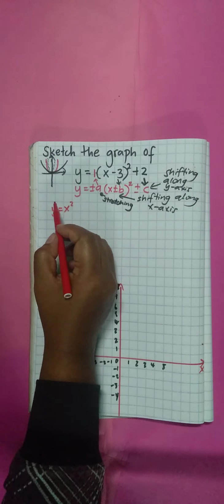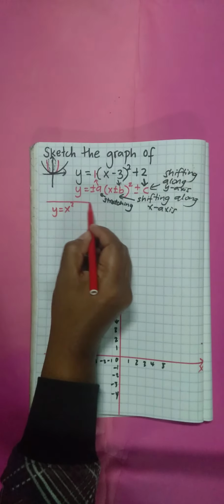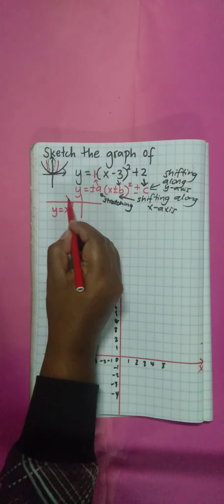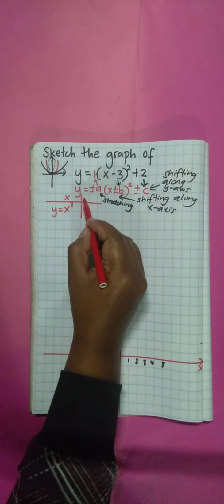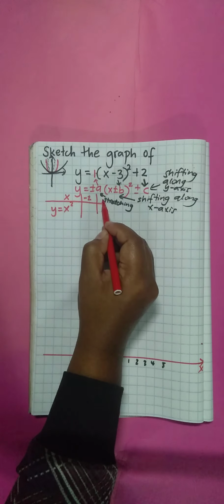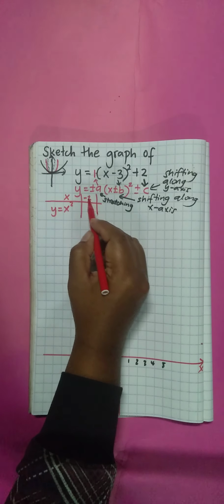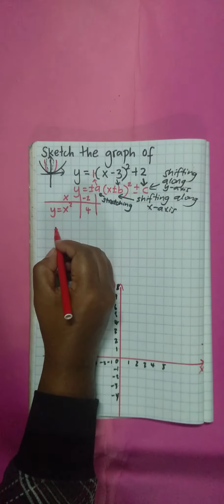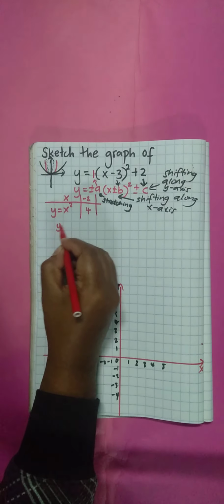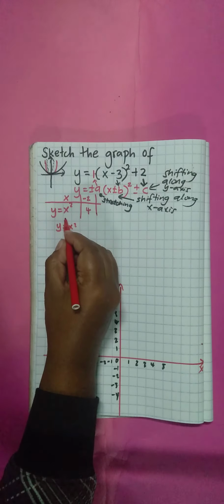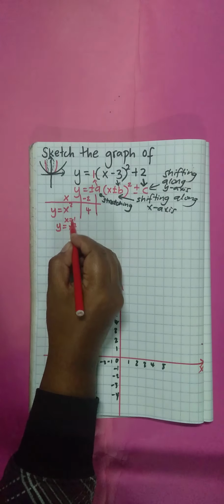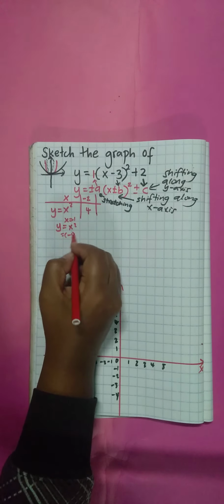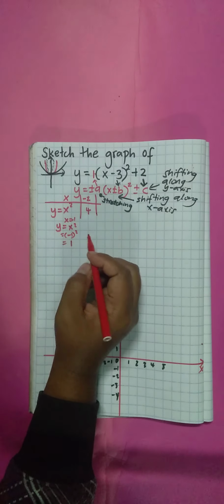For y equals x squared, if you want to know the coordinates, you can take some x values. Let's use -2, -1, 0, 1 and 2. If we put -2 there, -2 squared will be +4. If we use x as -1, we put -1 in place of x, we will get +1.